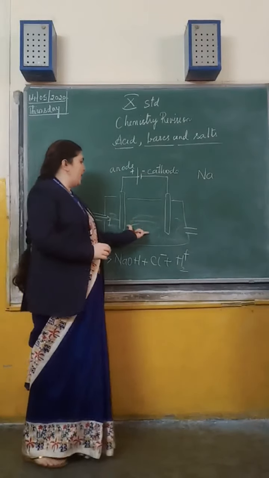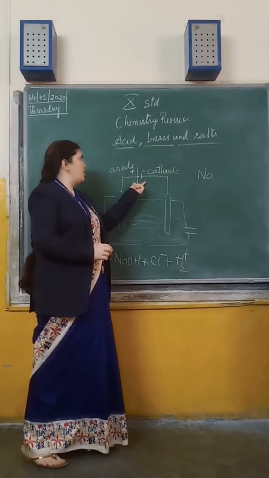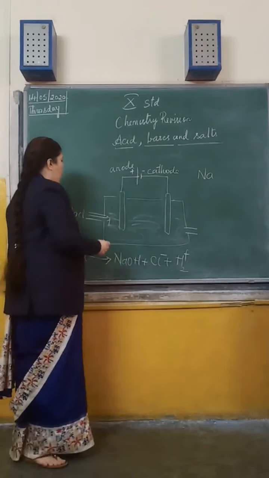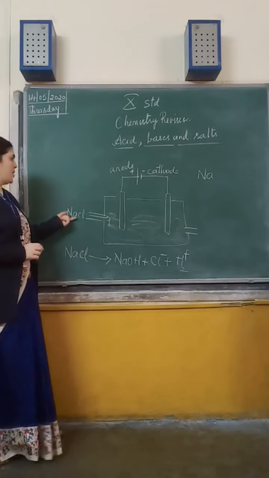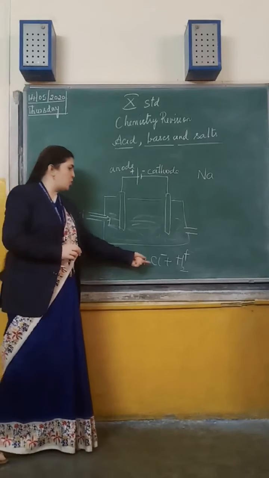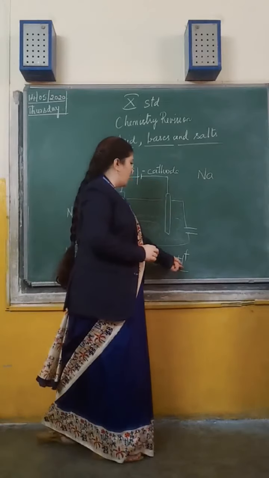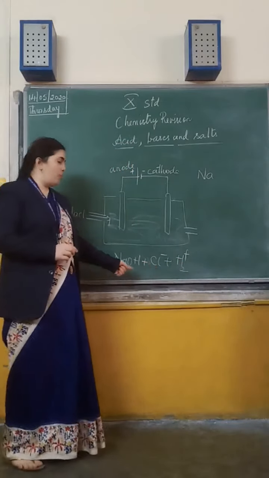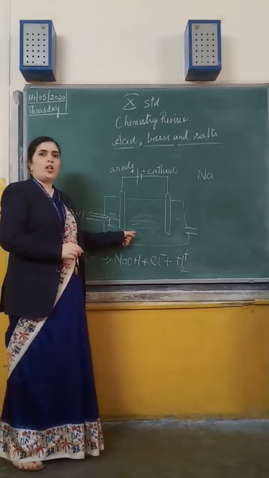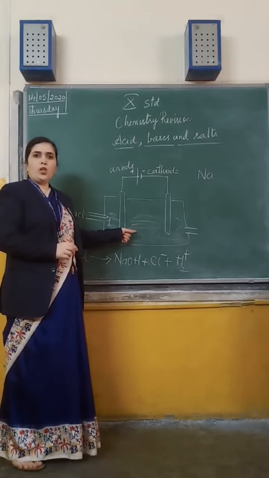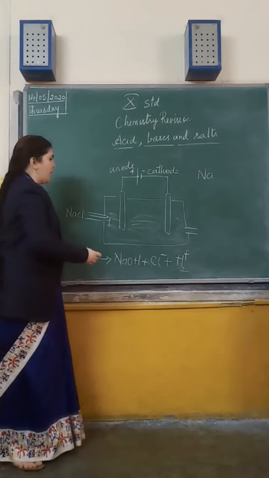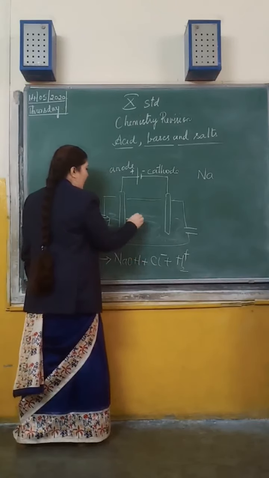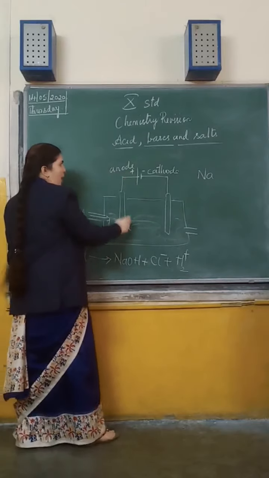Once you dip the electrodes, connect them to the battery, and pass electricity, what reaction takes place? This NaCl dissociates to give H plus ions and chloride ions, with the formation of sodium hydroxide solution. Chlorine gas is liberated at the anode, and the anode is the positive one.